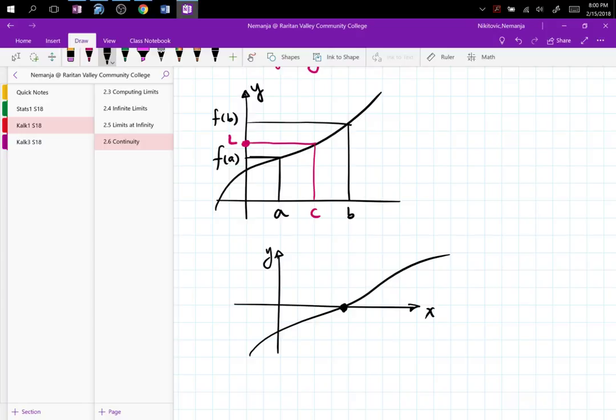This is going to be your C. And if you pick your, let's say, A over here, and your B over here, note that your f of A is negative and your f of B is positive.